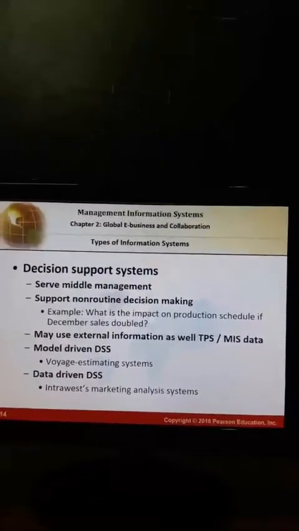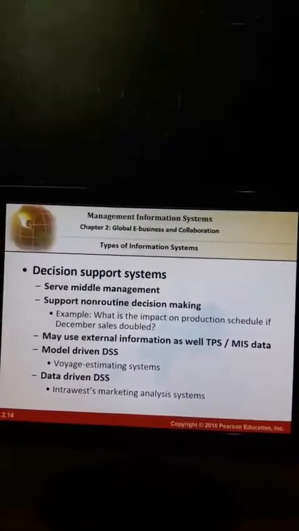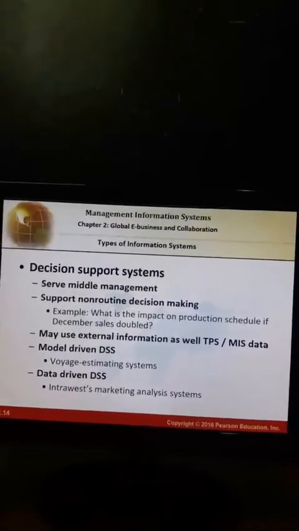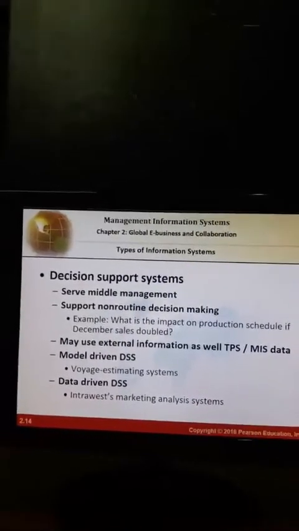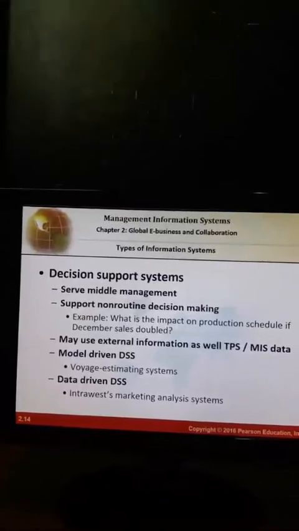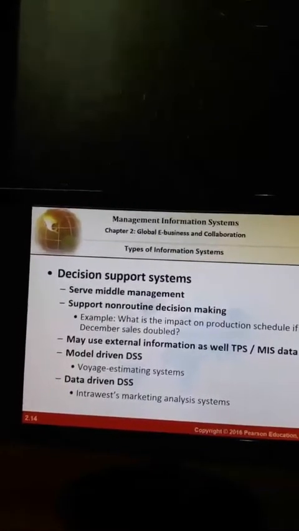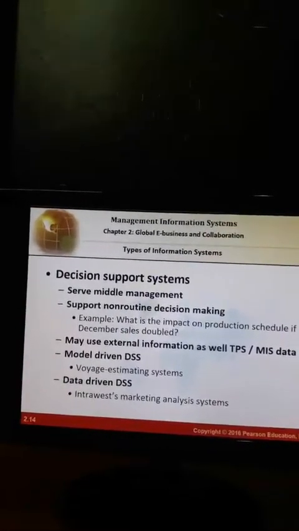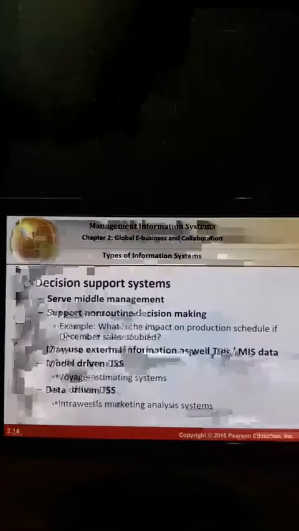In the business intelligence part, we know four issues are there: data, information, knowledge, and decision making. So data is created by the TPS managers, information by the MIS managers, then knowledge by the DSS managers, and then decision making is governed by the ESS managers.